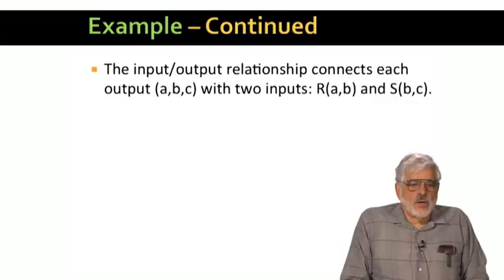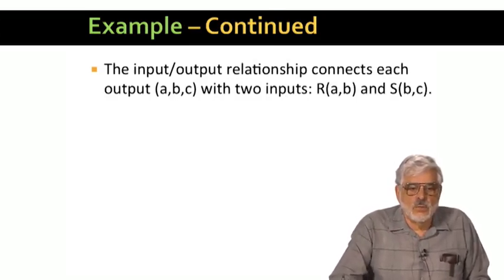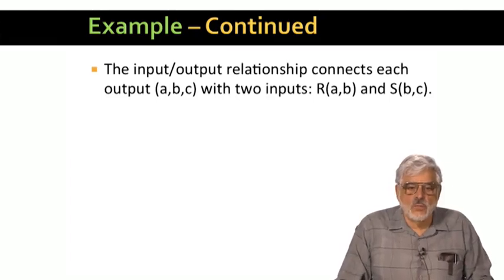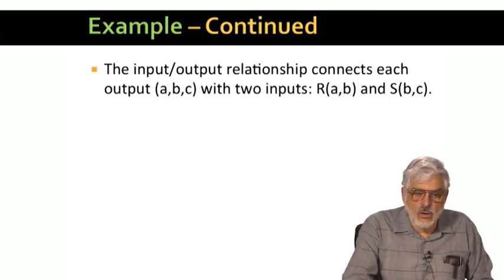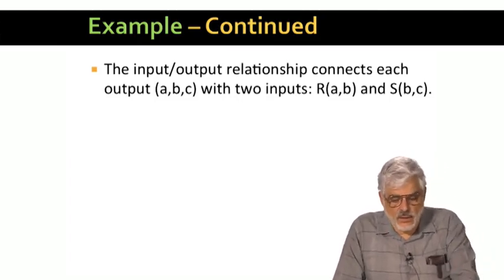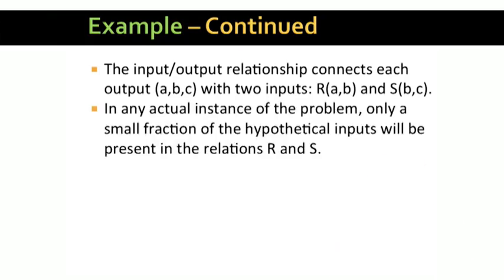In this problem, each output ABC is connected to two inputs, the inputs that justify the presence of that output in the join. Those two inputs are R of AB and S of BC. In practice, the actual relations R and S will have only a subset of the hypothetical inputs.